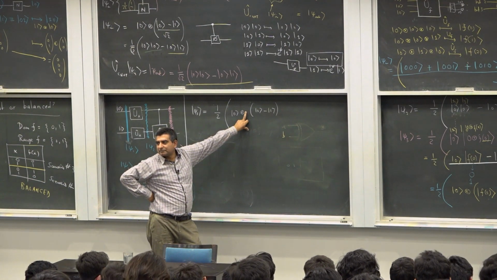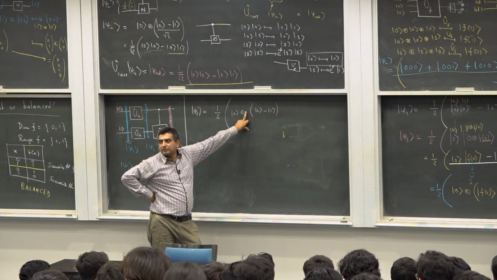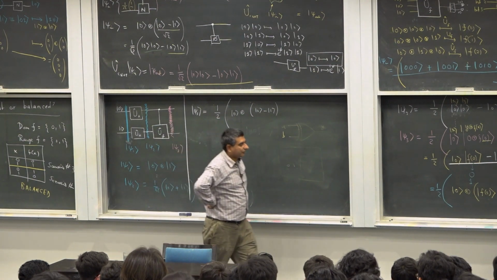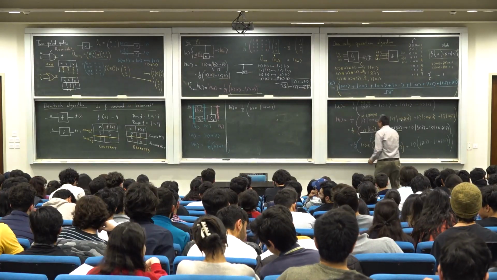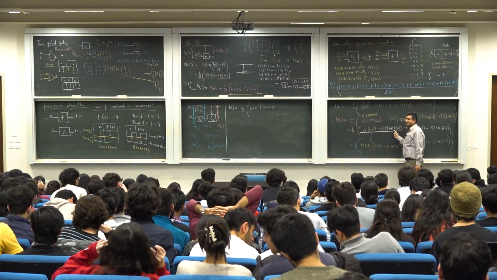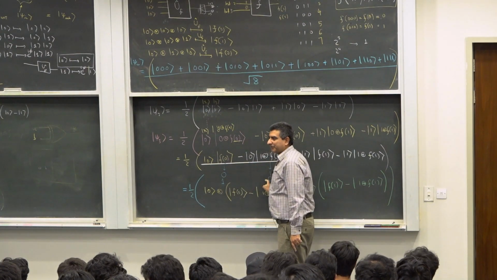Sir, can you please explain how you replaced that entire term with ket 0 minus ket 1? So there are two possibilities. This could be 0. If this is 0, this is 1. If this is 1, this is 0. So it's 0 minus 1 or 1 minus 0.